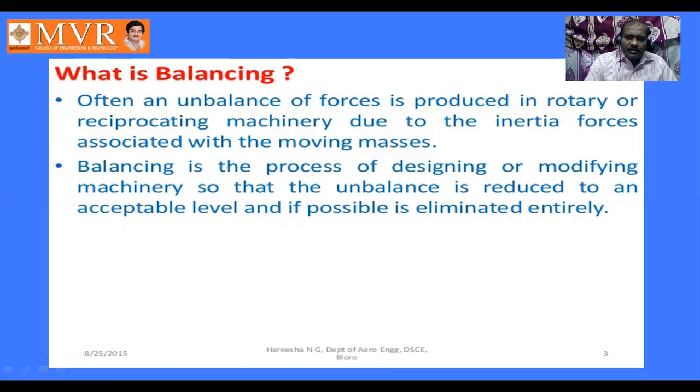So these are the two points from this slide. The balancing should be done for rotary parts as well as for reciprocating parts. Once again, there are a number of rotary parts and a number of reciprocating parts based upon the volume of the system.